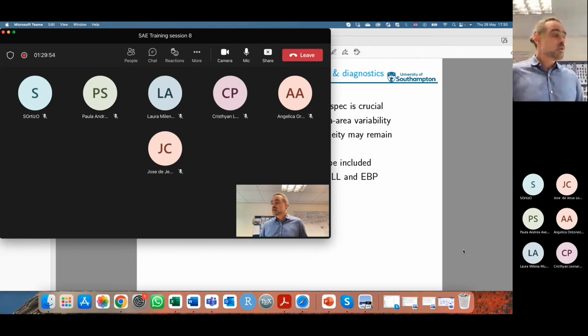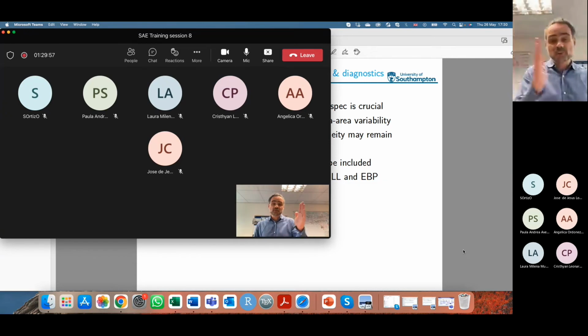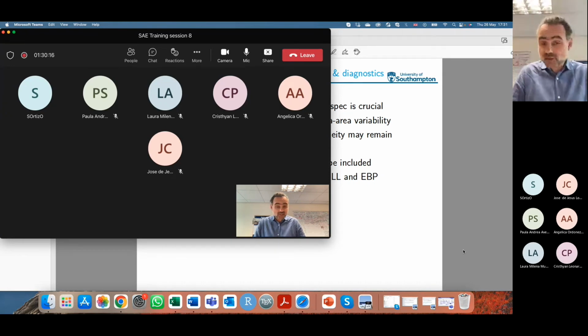In addition to some auxiliary information from those areas, you may also include some fixed effects to try to capture something that may reduce the between-municipality variability. So including these effects might be a good idea, actually. I don't know if it helps in the particular example, but yes, it's a good idea.